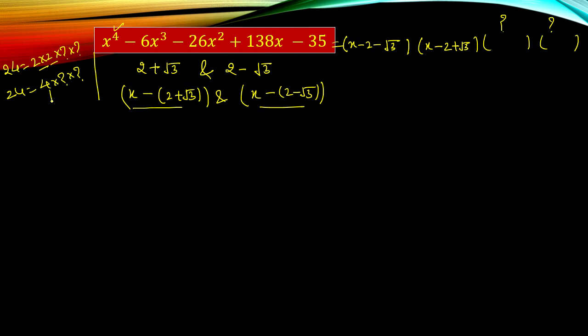Now dividing 24 by the product of the factors, that is 4, we get the quotient 6. If we factorize this quotient, we get the two remaining factors that we are interested to get. The two factors are 2 and 3.